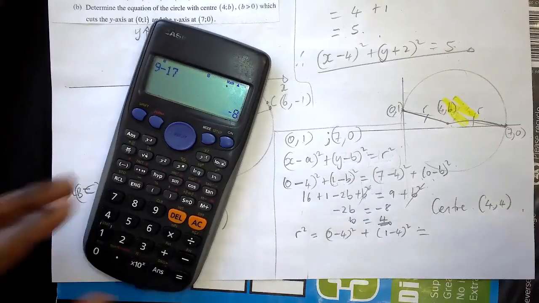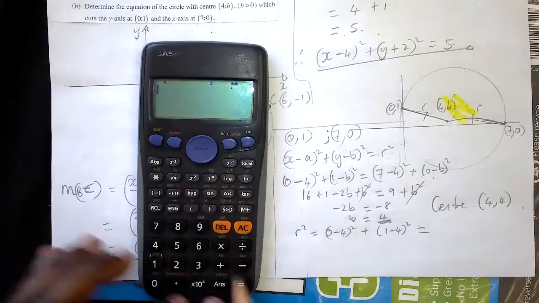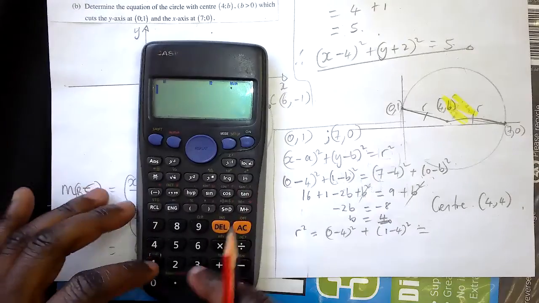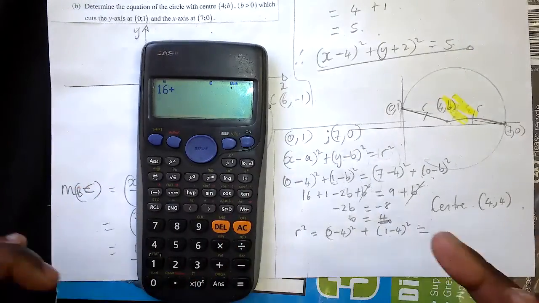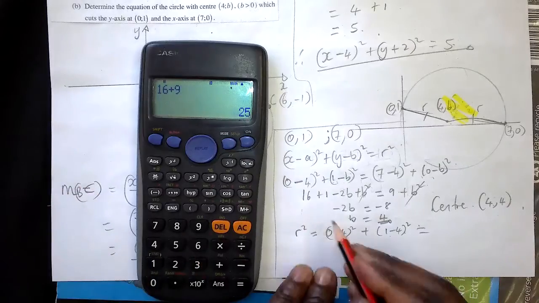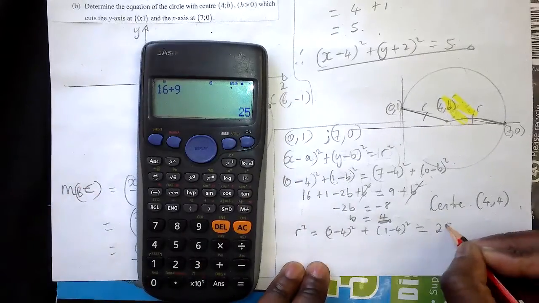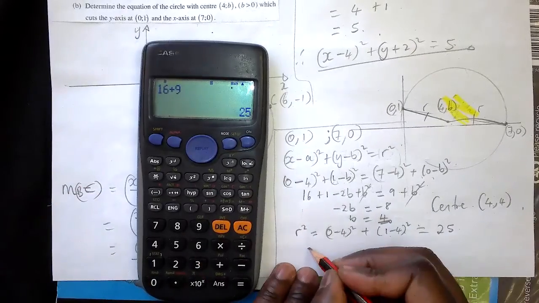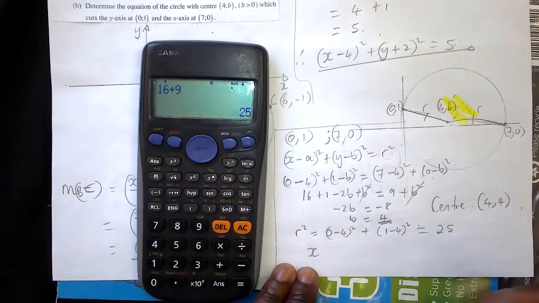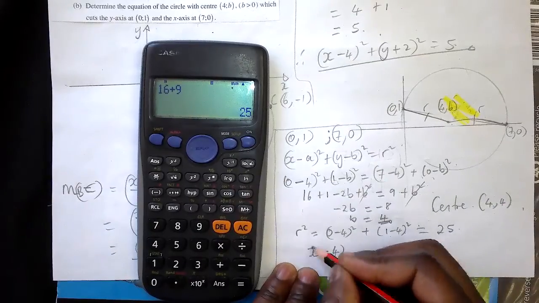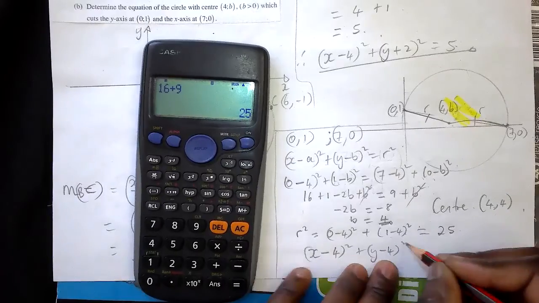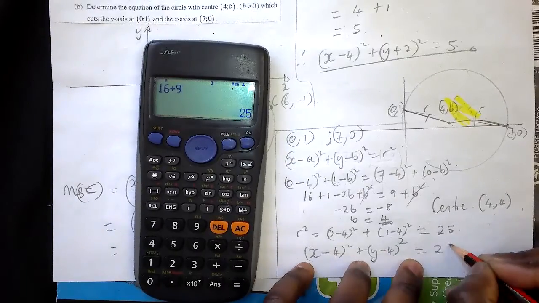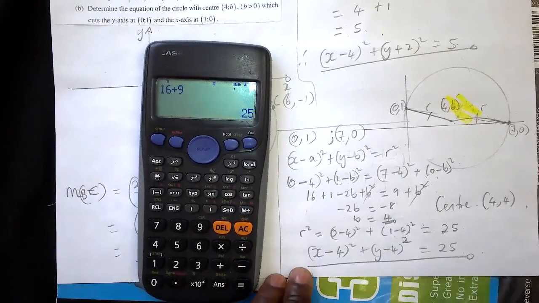We're going to get 4 squared is 16 plus, what do we have? 1 minus 4 is going to be minus 3, squared, it's going to be 9. We get 25. So r squared is equal to 25. So the equation of the circle is going to be, these are all positive, x minus 4 squared plus y minus 4 squared is equal to 25. That's how we get our equation of the circle.